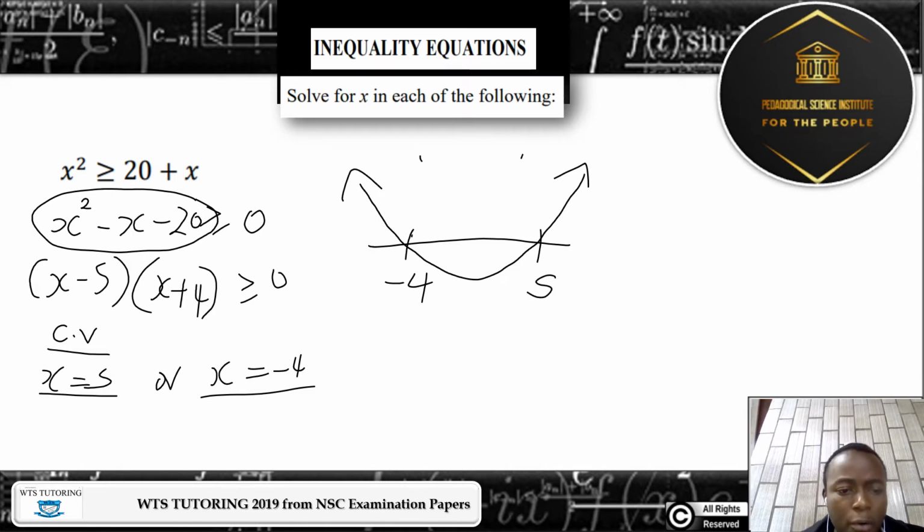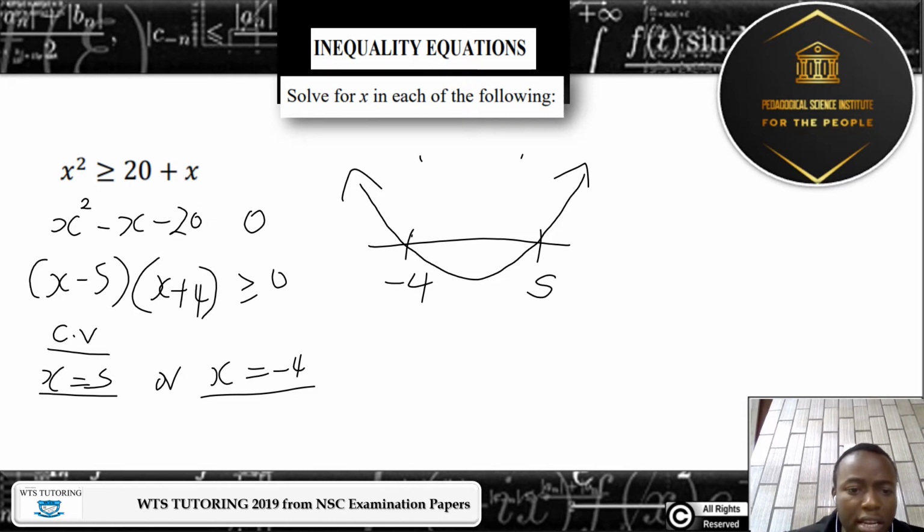Okay, so now how do you get the final answer, right? You check your symbol for the inequality. Let me just write it properly there. It's greater or equal to 0. Okay, you check. This is a quadratic graph. Where on your graph is your graph above 0, right? On top of 0.